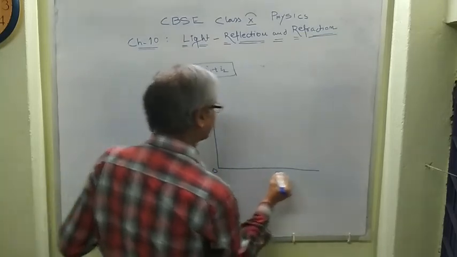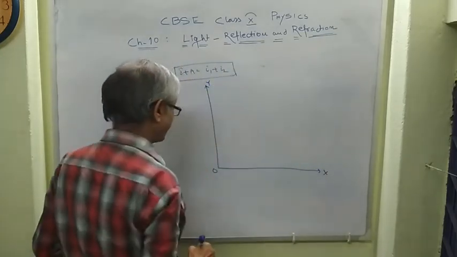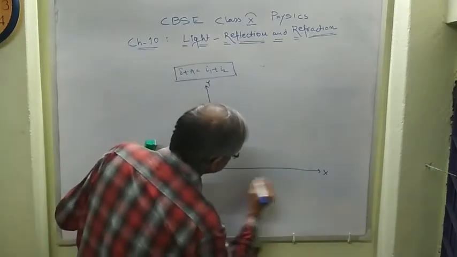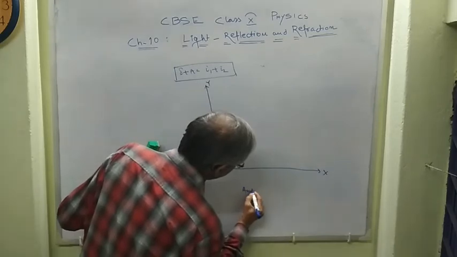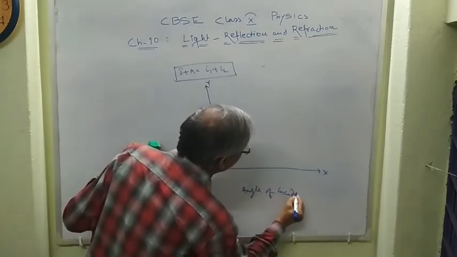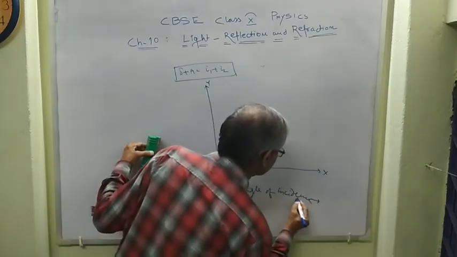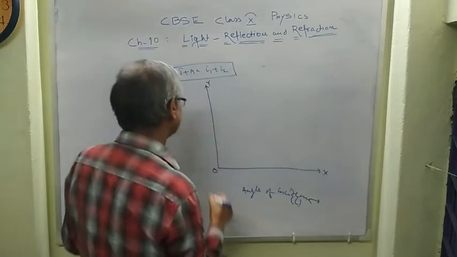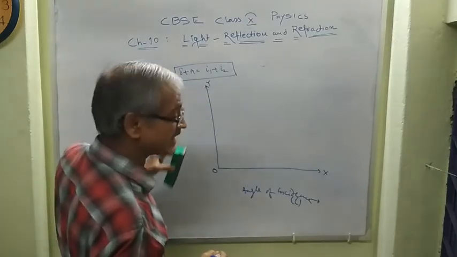O, X, Y. Angle of incidence is on the abscissa, that is the x-axis, for different I, and angle of deviation on the y-axis or ordinate.